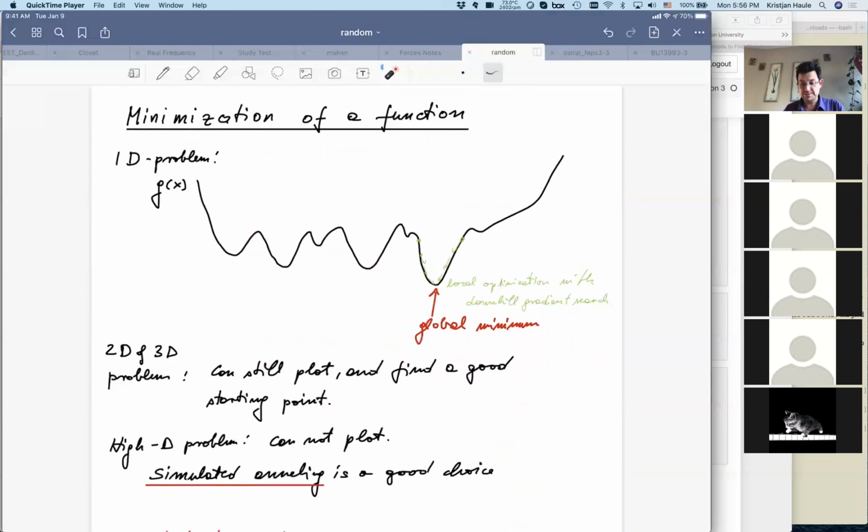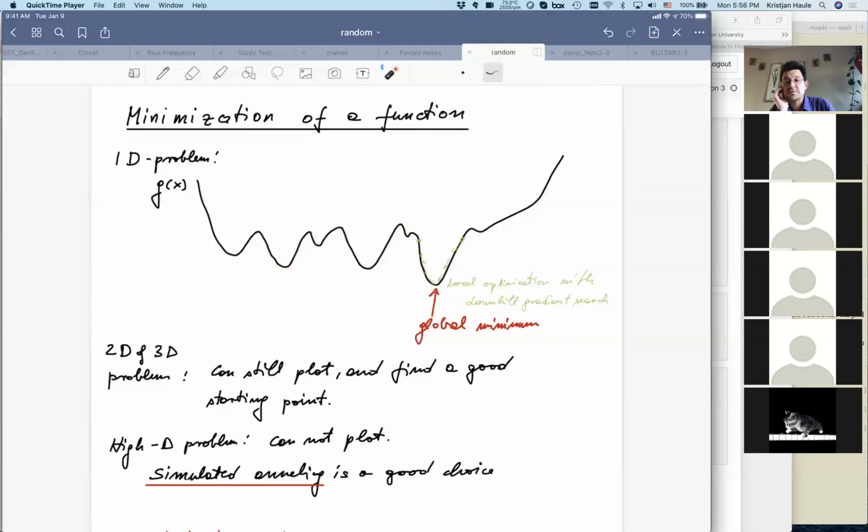So the problem of minimization. So let's say that you have a 1D problem. So let's say that your function g of x, so this is the function that you want to minimize, has this complicated shape. I mean, if it has just one minimum or a well-defined minimum far from other minima, then the problem is completely trivial. We don't even mention it. But what if you have so complicated function with lots of minima, local minima, okay? So this function has 1, 2, 3, 4, 5, 6 local minima, maybe seven local minima.